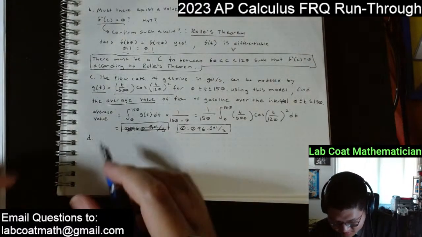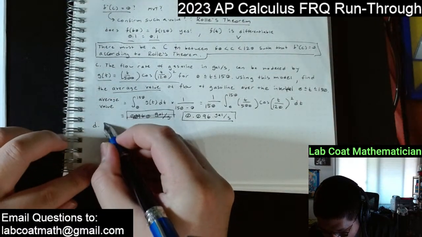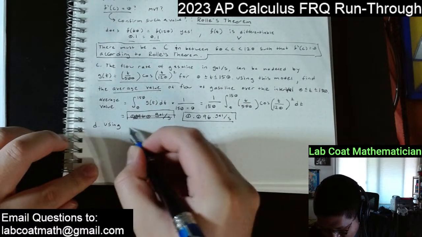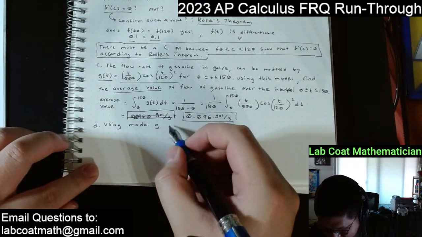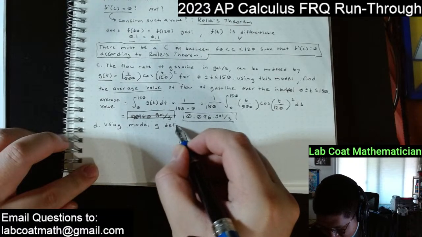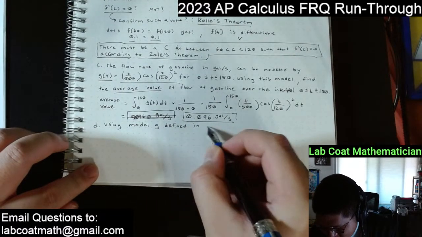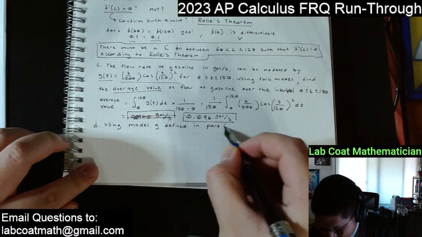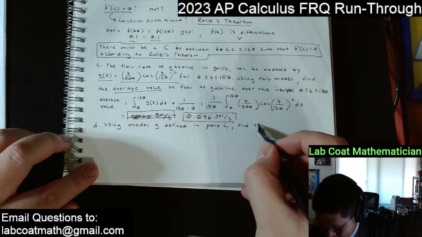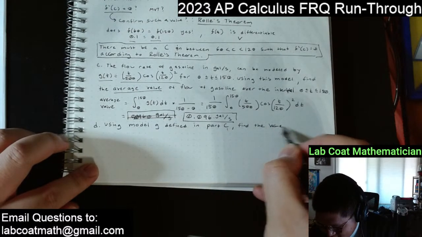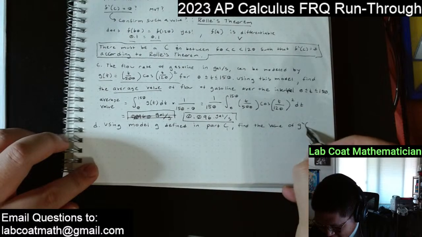Okay, so it says here that we are using model G, okay, defined in part C. We want to find the value of G prime of 140.